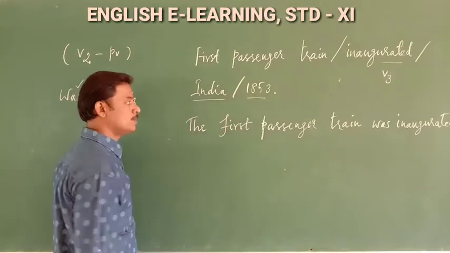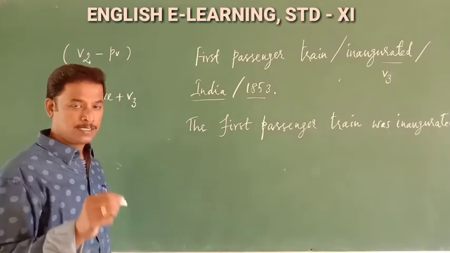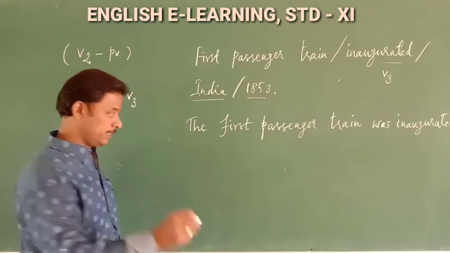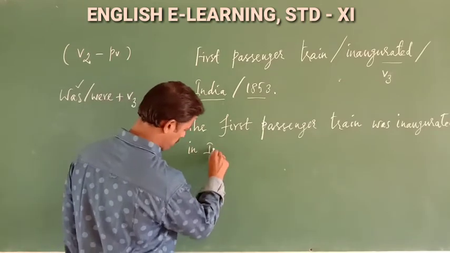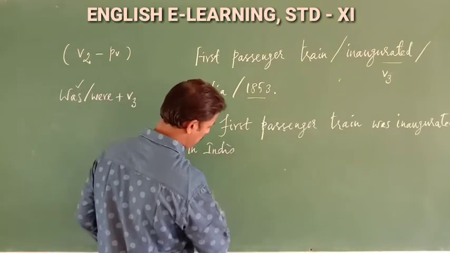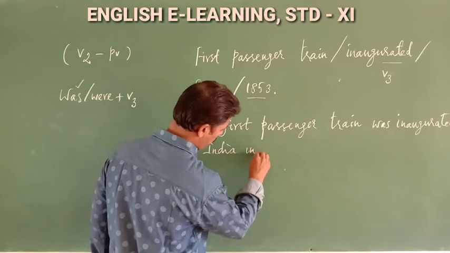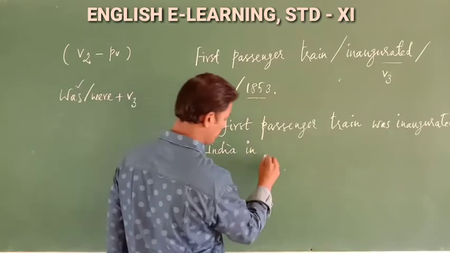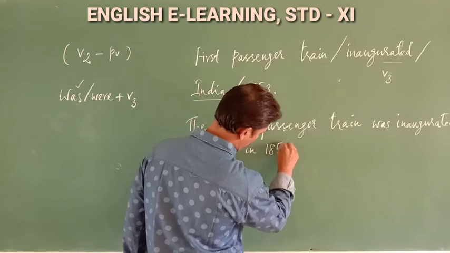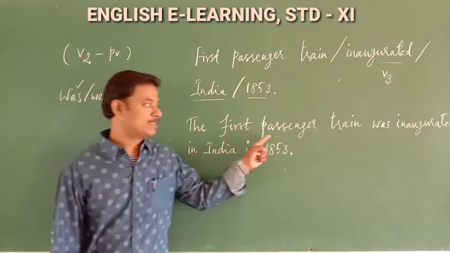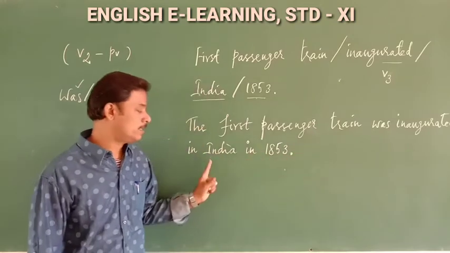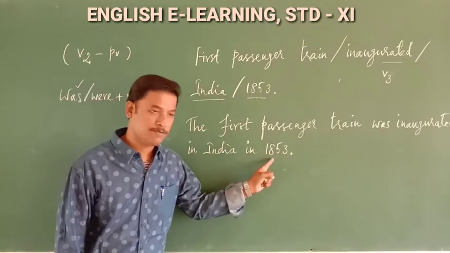Before introducing the place, the same preposition, that is in, should be used. In India. Again, use the same preposition in before introducing the year, in 1853. Now read it. The first passenger train was inaugurated in India in 1853.